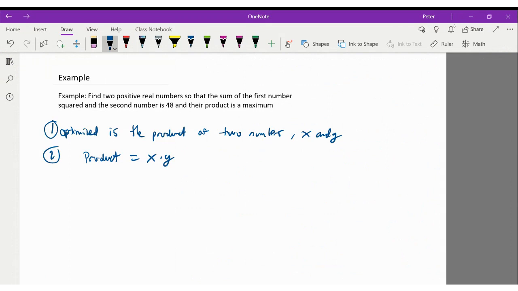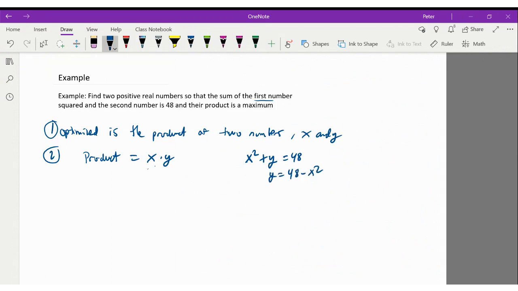So the thing to recognize here is that the sum of the first number squared and the second number is 48. So in order to write this in terms of one variable, x squared plus y equals 48, which means that y equals 48 minus x squared.